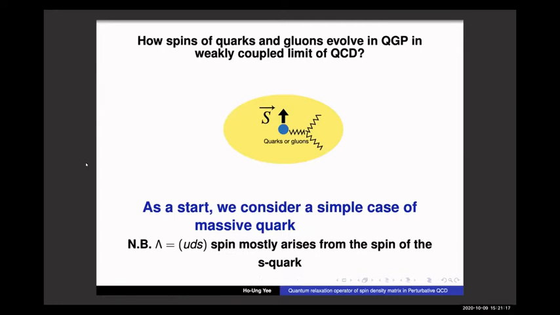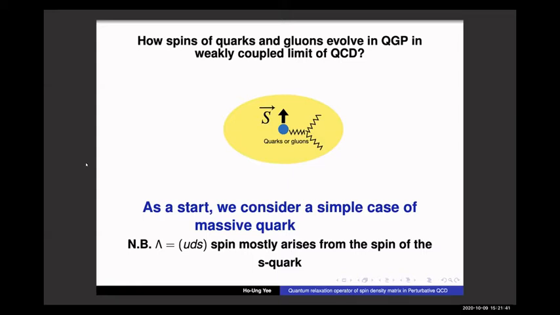So we started thinking about this very simple question: how the spin of the basic constituent of quark-gluon plasma would evolve in time with the interactions given by perturbative QCD in the weak coupling regime.